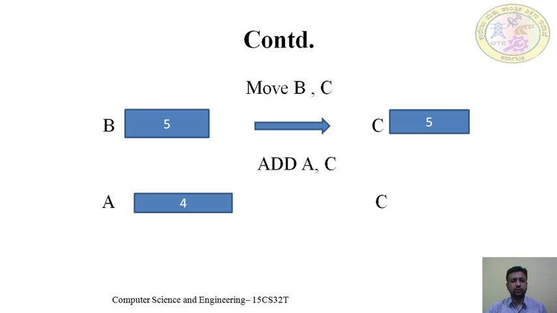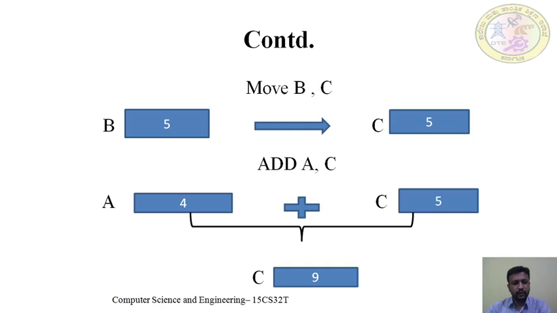In move B comma C, B is source and C is the destination. The move B performs transfer of B content to C, that is B value 5 is transferred to C. Then next add A comma C. So that is the addition operation. A is the source and C is the destination.